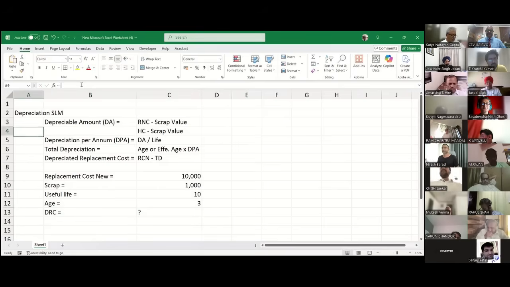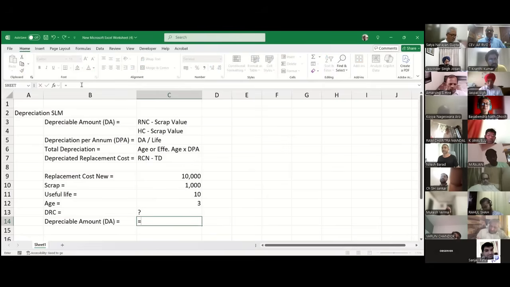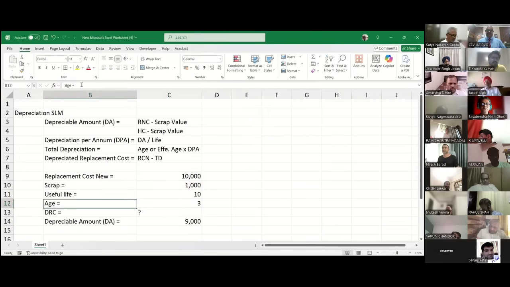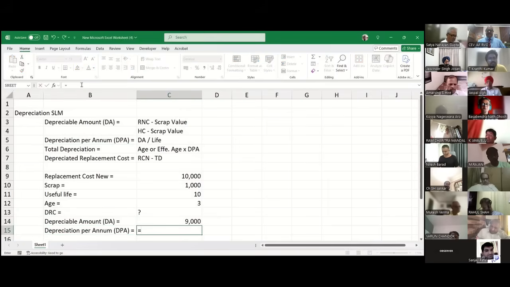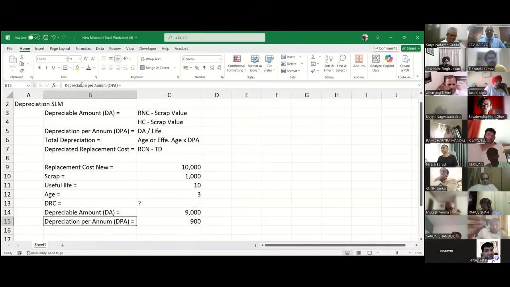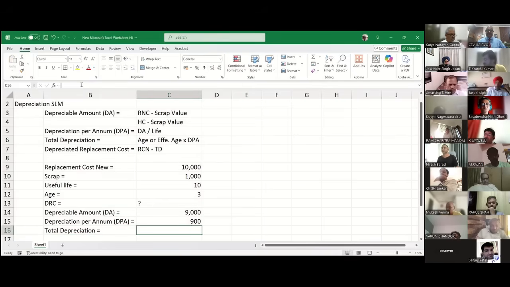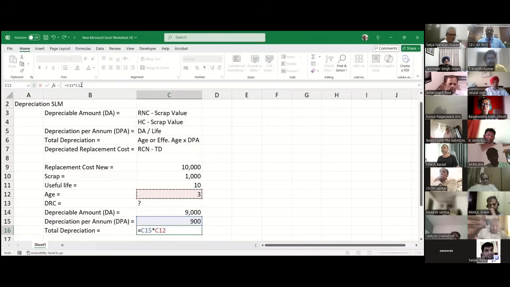Okay. So first, what will be the depreciable amount? Replacement cost 10,000 minus scrap value 1,000, so 9,000. What will be the depreciation per annum? Depreciable amount divided by life: 900. What will be the total depreciation? 900 into age 3, which is 2,700.